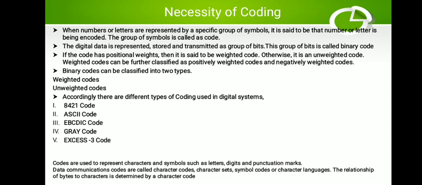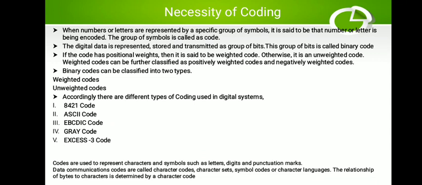Then there are codes like ASCII code. ASCII code, many of you have heard about it. The keyboard which we use in the computer is called an ASCII keyboard. Why? Because the characters like A B C D, 1 2 3, or control characters or backslash, whatever you have, each character is assigned a 7-bit code, and that code is framed by an international standard which is called ASCII, that is American Standard Code for Information Interchange.